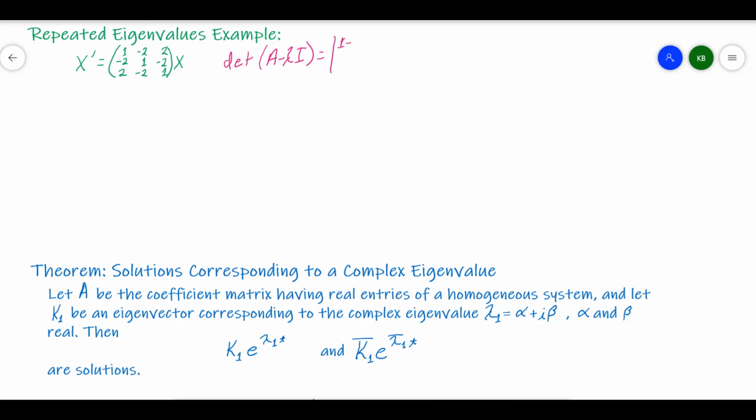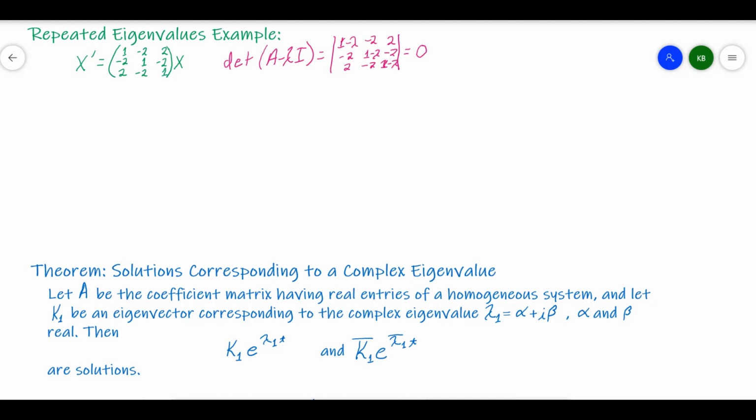1 minus lambda, negative 2, 2, negative 2, 1 minus lambda, negative 2, 2, negative 2, and 1 minus lambda. And we're going to be setting that equal to 0 just like we did last time.